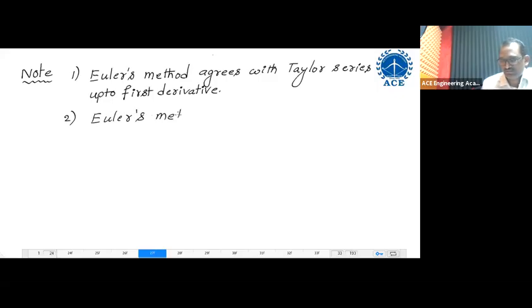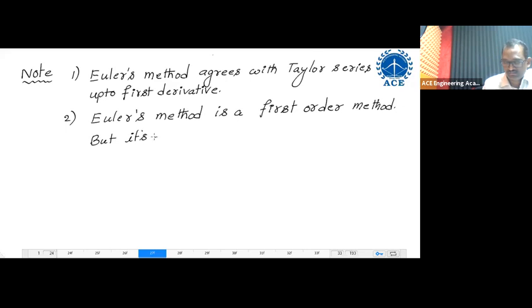Euler's method is a first order method, but its error order is 2.